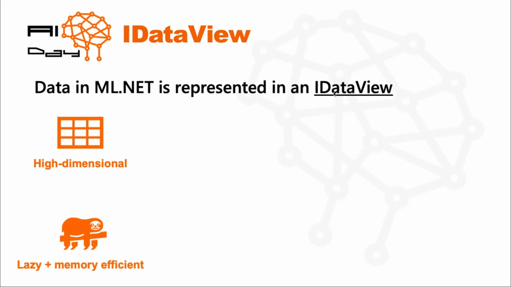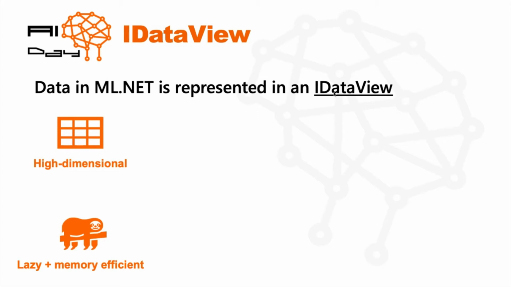But actually, it's memory efficient. It applies lazy loading, which means that if you have, let's say, 1,000 rows of information, when you load it into the IDataView, you will not have these 1,000 rows in memory at all. It will read what it needs at a specific time.